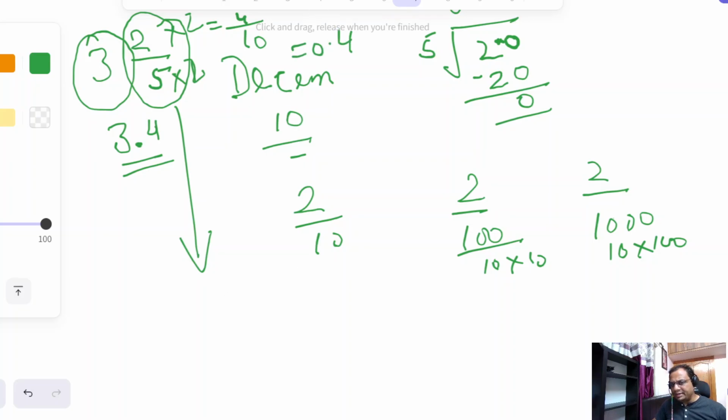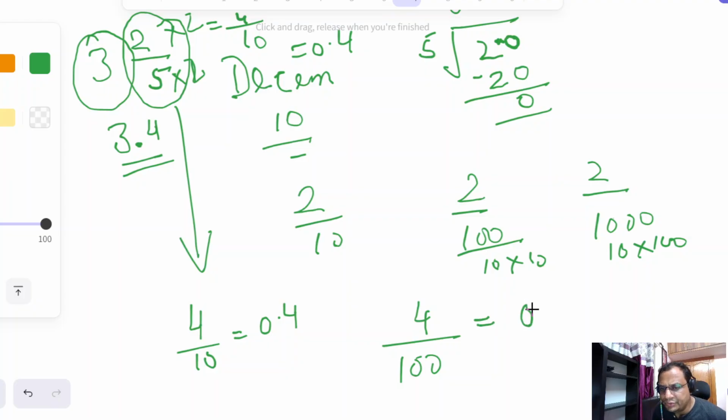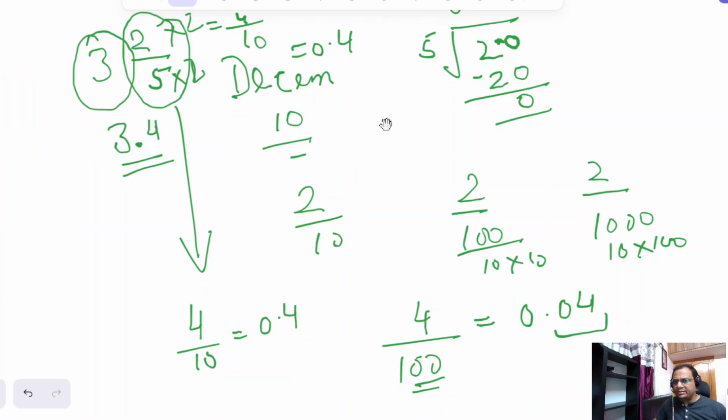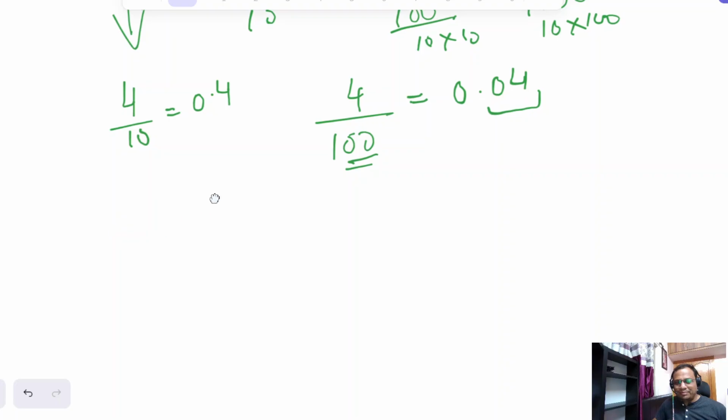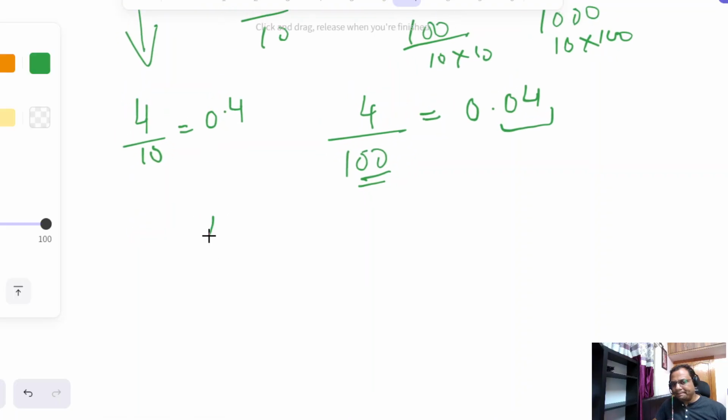How many zeros in the denominator? That many decimal places you need to put. For example, if I write 4 upon 100, this will be 0.04, because there are two zeros, right? So there should be two decimal places. If I write 4 upon 1000, take anything, 42 upon 1000.